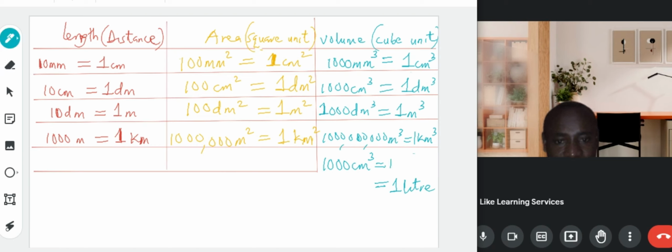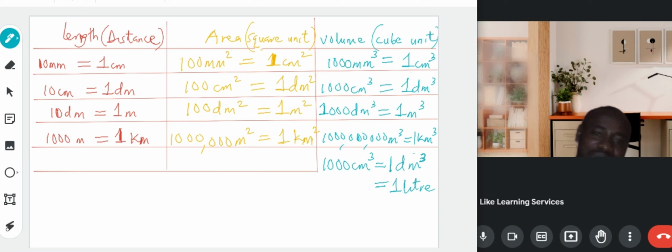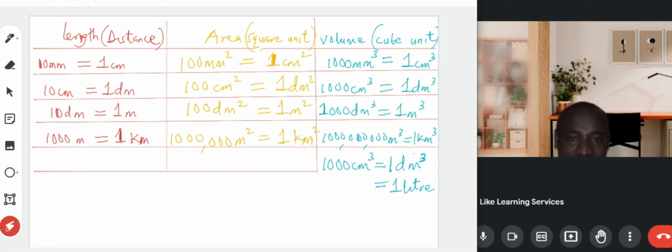So that's 1 decimeter cube, which makes 1 liter. And 1 decimeter cube is 0.001 meter cube, if you like. So that's that. 1,000 centimeter cube is 1 decimeter cube, and it's equal to 1 liter.